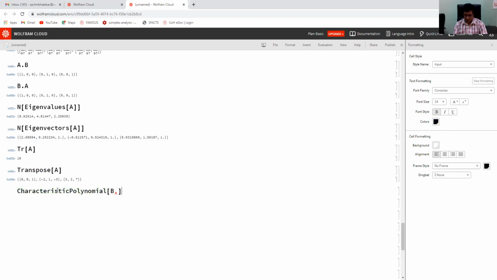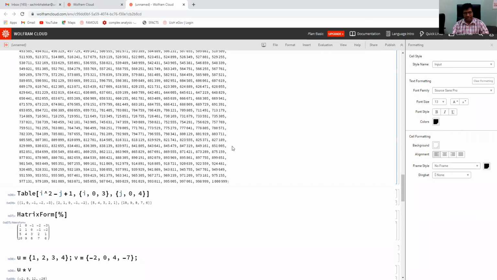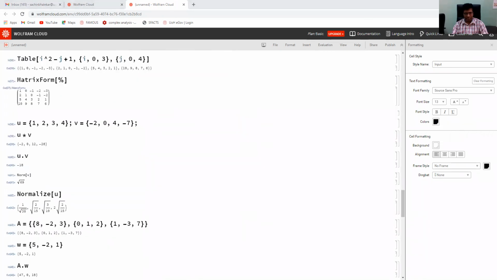Let us find the characteristic polynomial of B. Sorry, we need to mention the variable, say x. So this is the characteristic polynomial of B. So there are so many such operations. You can use the documentation and check these things. Thank you.